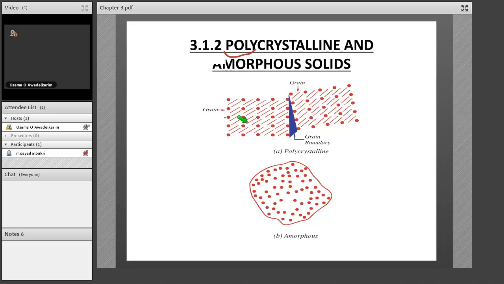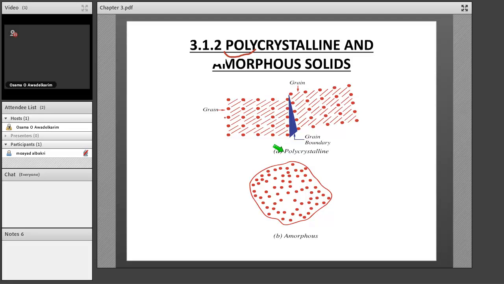So you have long range uniformity in each single grain. But if you increase the distances, you don't get the same uniformity because the grains are oriented differently. So this is the second type of crystals, which is polycrystalline. The third type is amorphous.